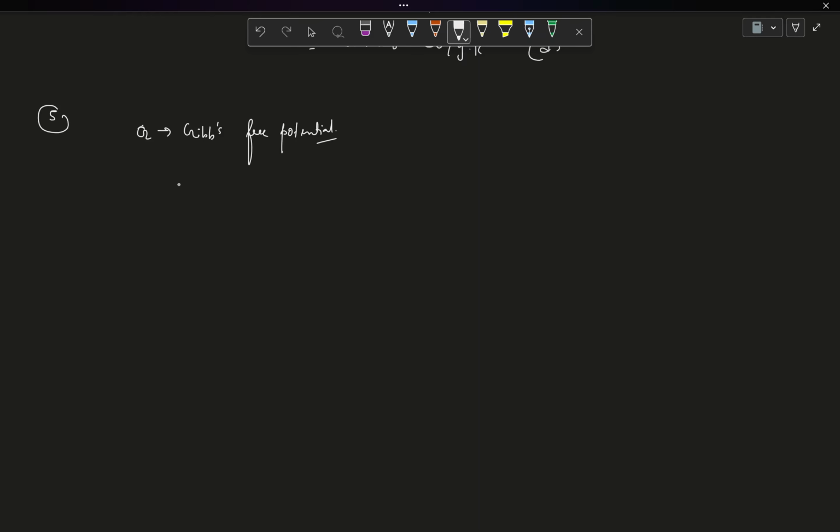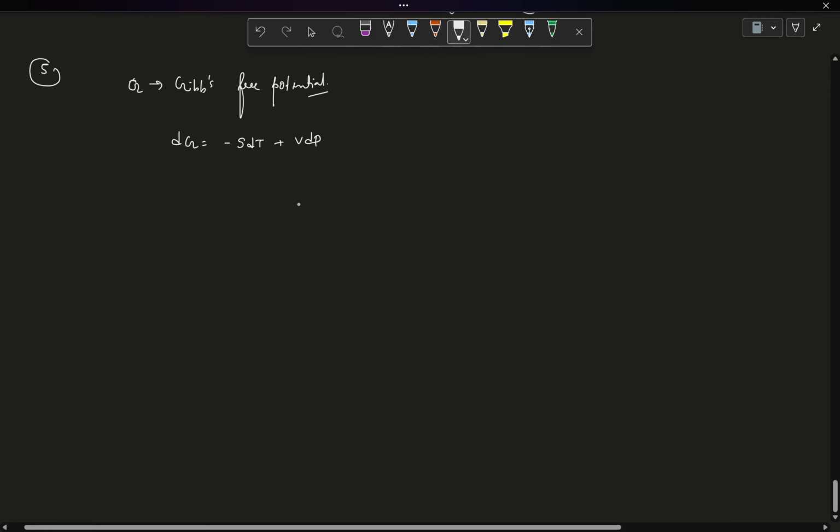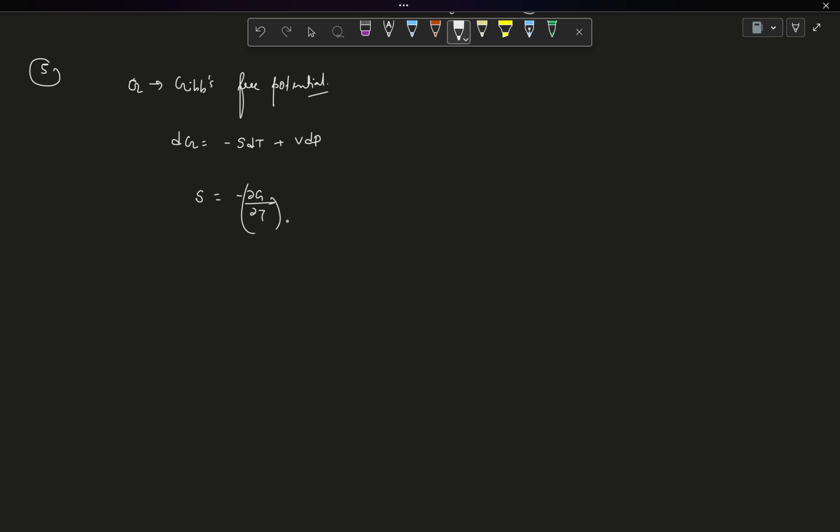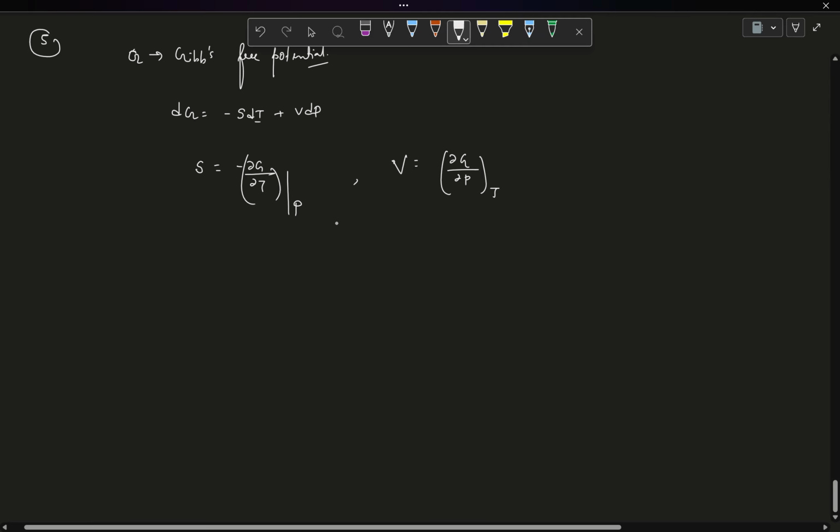And there is a relation that dG is equal to minus S dT plus V dP. This is one of the very well known equations in thermodynamics. So if that is the case, then you can see that S is simply minus del G del T at constant P when dP is 0, and V is del G del P at constant T when dT is 0. So these are S and V.